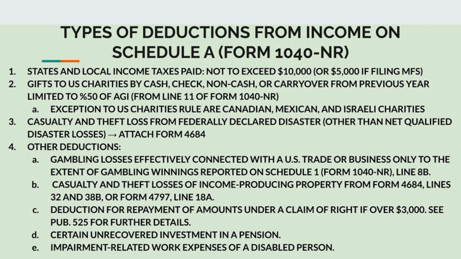There are 4 general types of deductions. The first one is state and local income taxes paid. The taxes that you claim should not exceed $10,000, or if you're filing as married filing separately, shouldn't exceed $5,000. Number 2 is gifts to U.S.